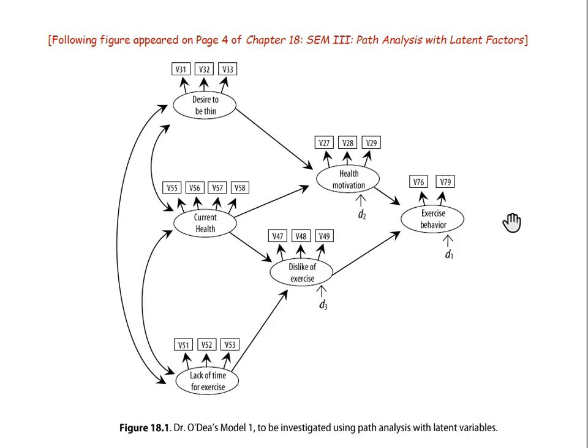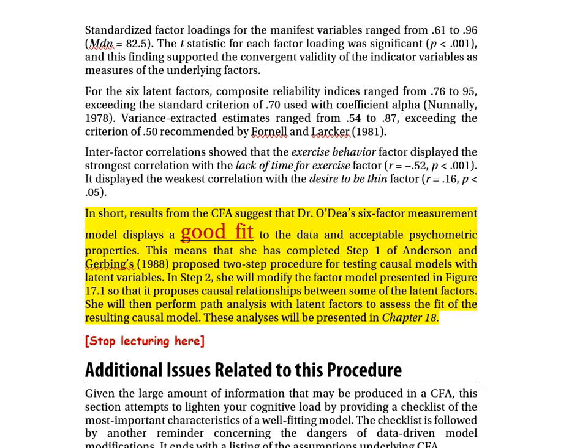Is there good support for the idea that exercise behavior is actually causally determined by health motivation and dislike of exercise? Is there evidence to support the idea that health motivation is causally determined by desire to be thin and current health? Questions like that will be answered in Chapter 18.